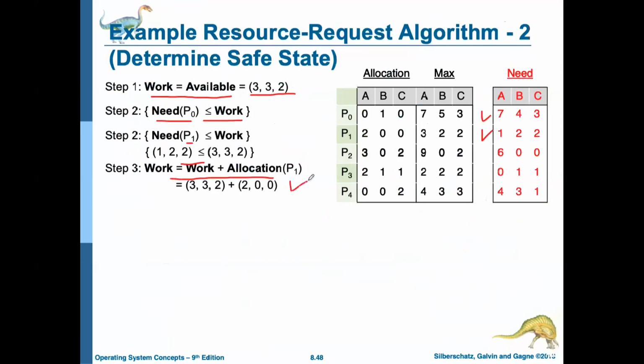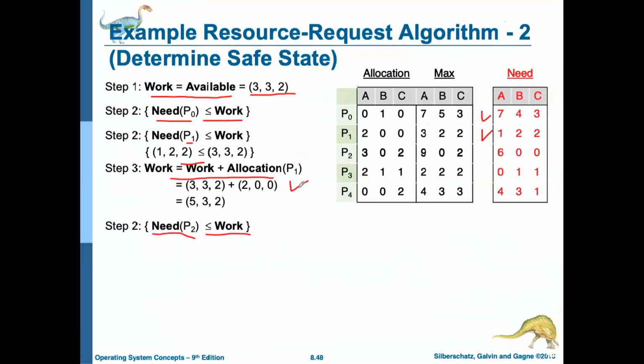We change the value after allocating, and Work becomes 532. Next, we check the needs of P2.